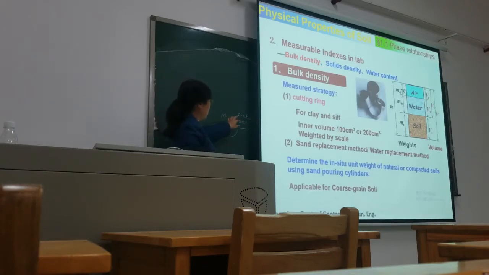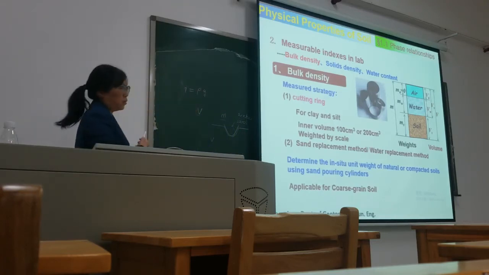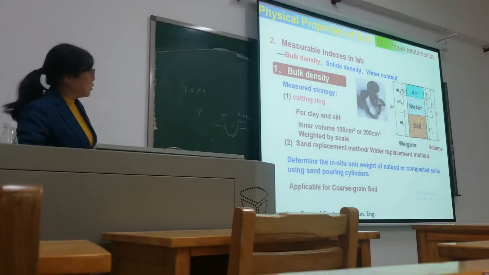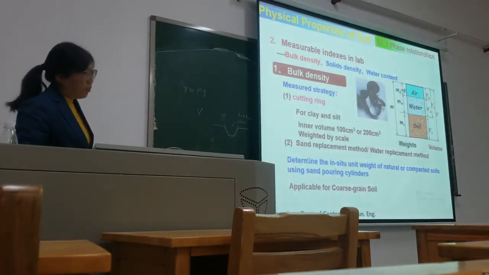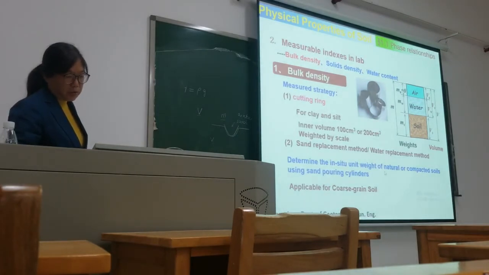When we pour water here, we should lay a plastic film to prevent the water flow or water seepage. So using the water density or sand density, we can obtain the volume of the soil. Here, the sand replacement method or water replacement method.